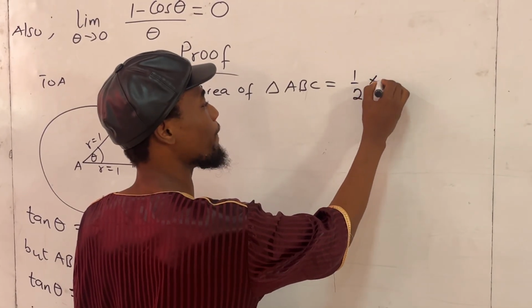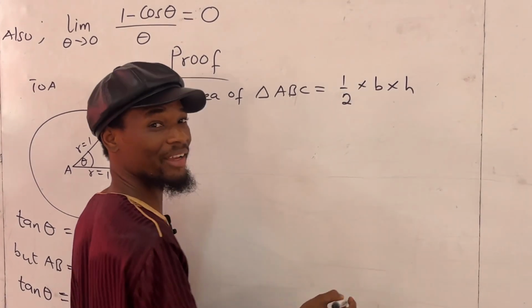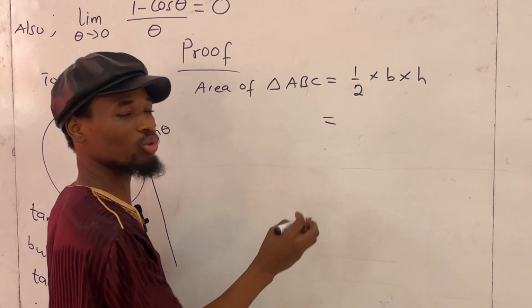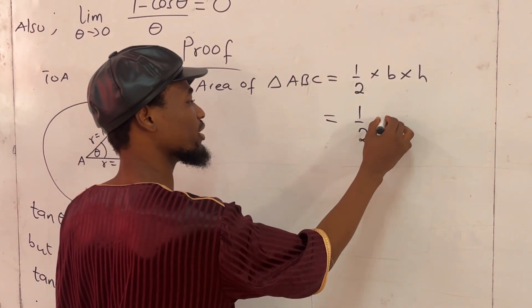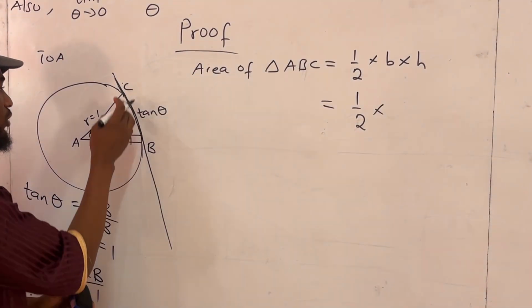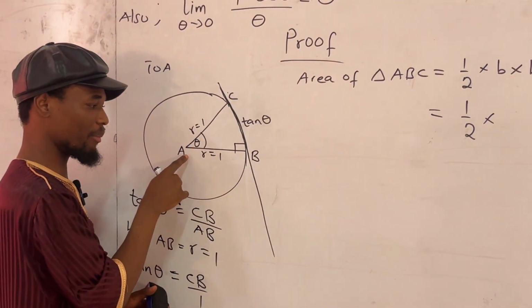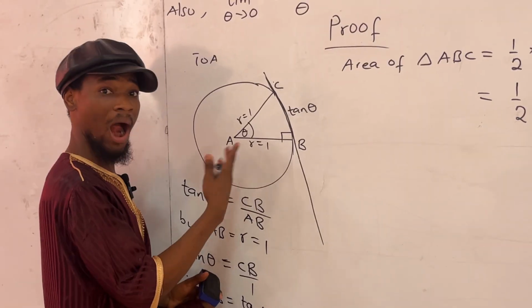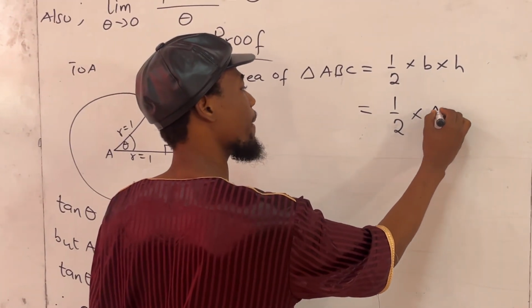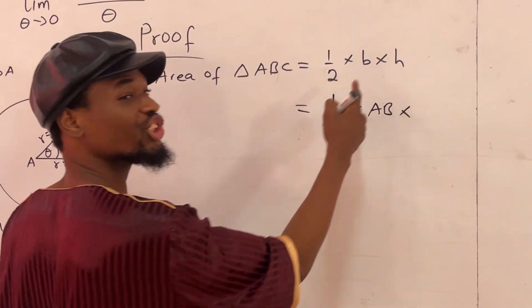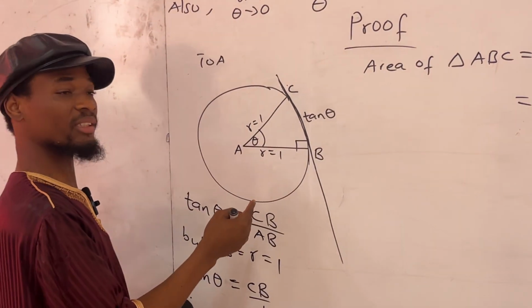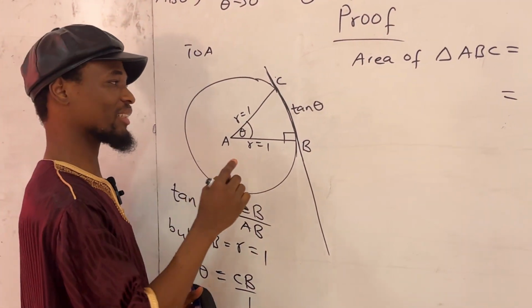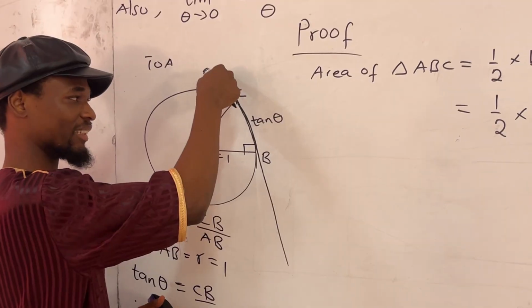Half base times height, which is equal to 1 over 2, then times what is the base? Considering this triangle, the base is AB, right? AB or R. So AB, then times H. What is the H? So viewers, the H here is this line.